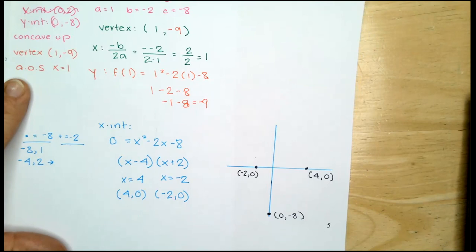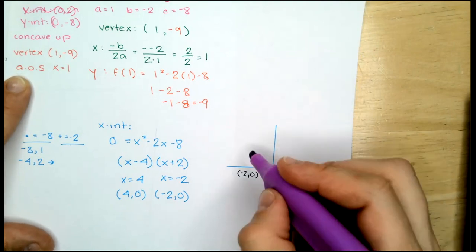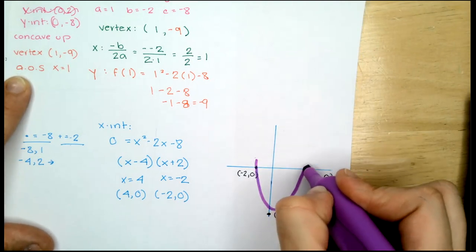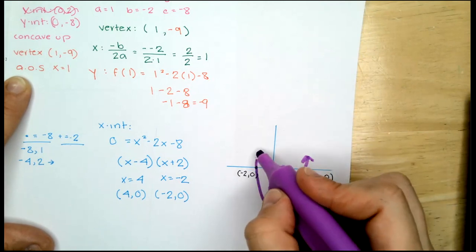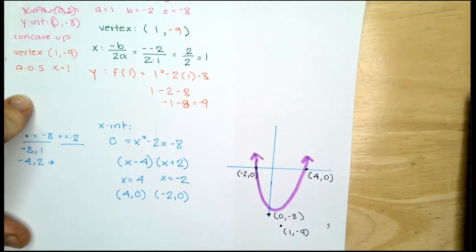So that's the point 0, -8. And our vertex is going to be 1, -9. So our vertex is down here. It's like a good arc, but I didn't actually touch 0, -8, or 1, -9. Dang it. Okay.